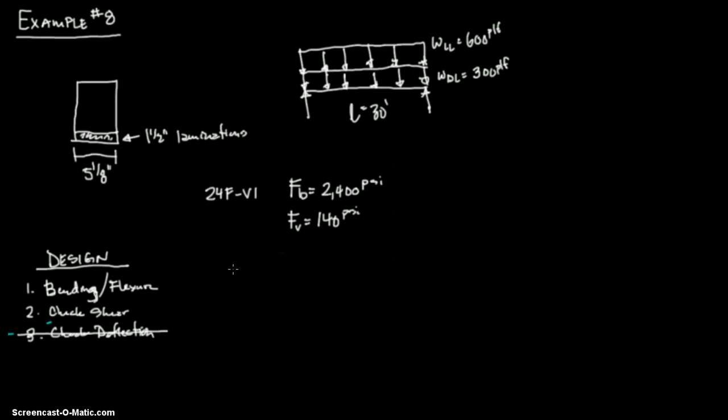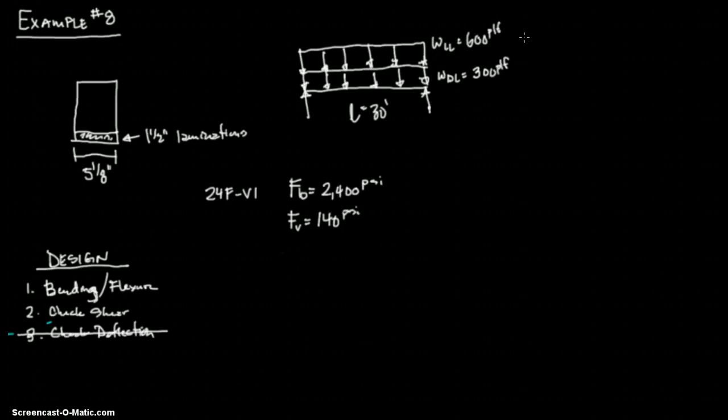Welcome to Lesson 3, Example 8. It is asking us to figure out how tall this beam is. What type of beam do we want to design, given that it's 5 1/8 inches wide, using 1.5 inch laminations, and a 30-foot span.